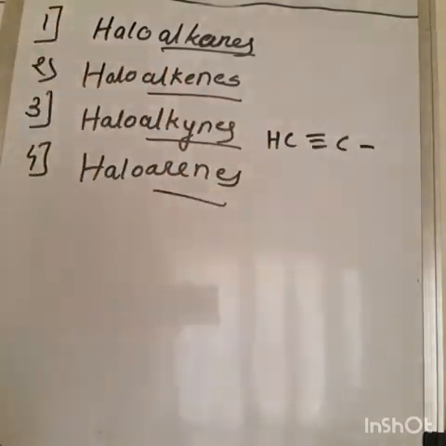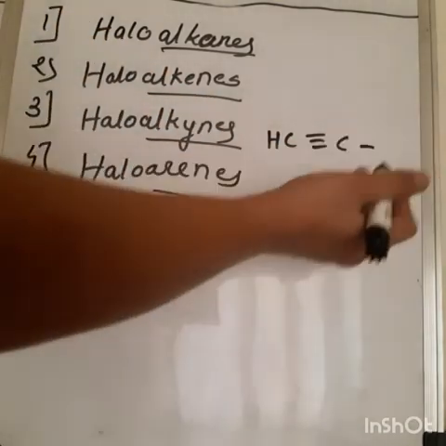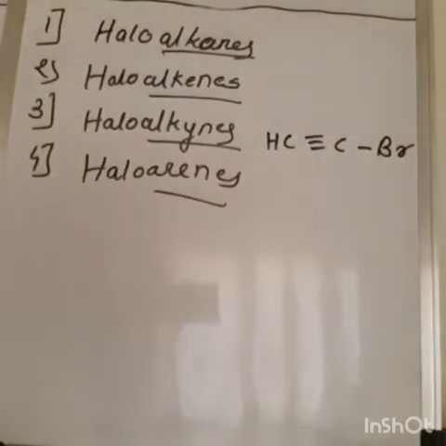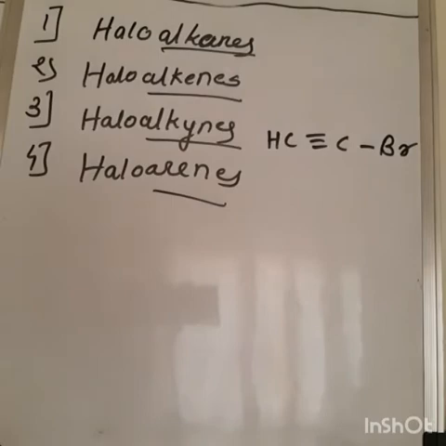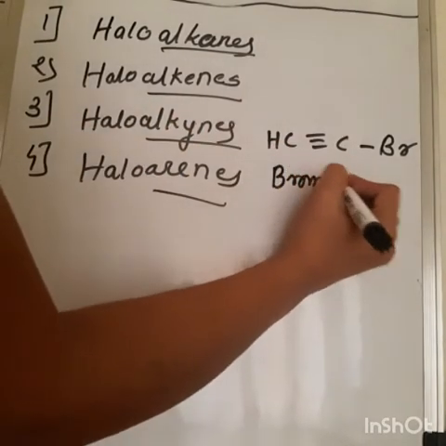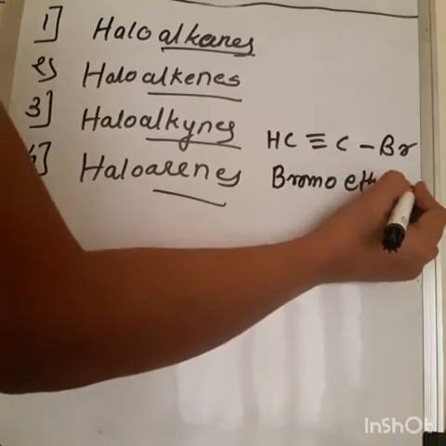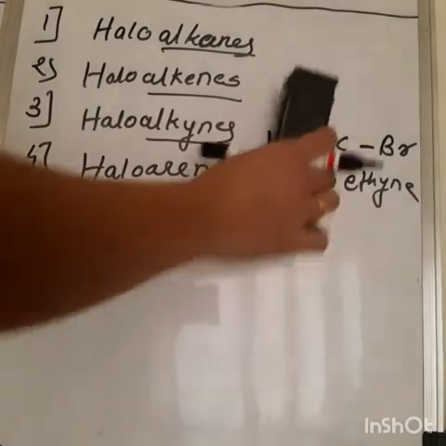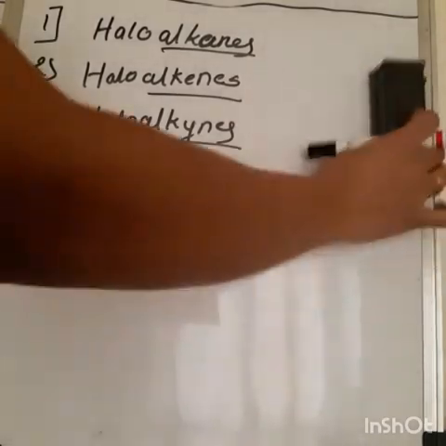What is X here? This is any halogen atom. Now let's see the example by attaching Br, that is bromine. It becomes bromoethine.